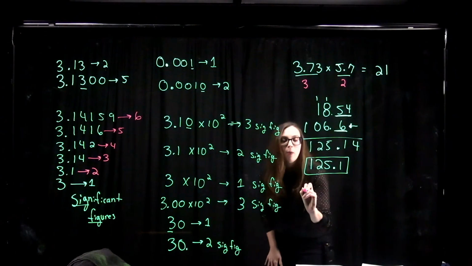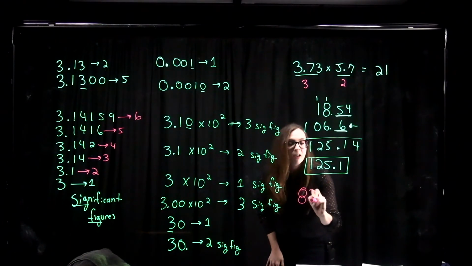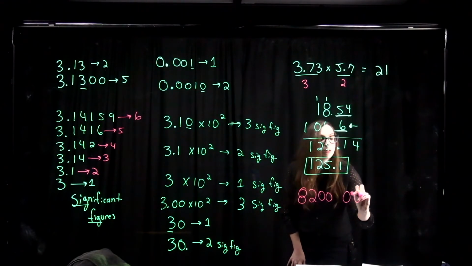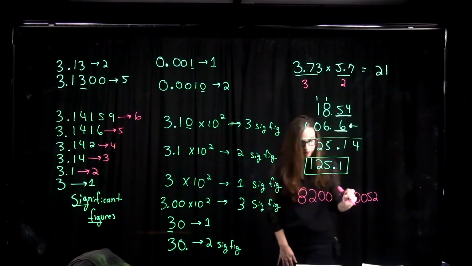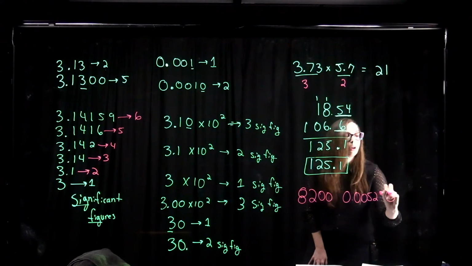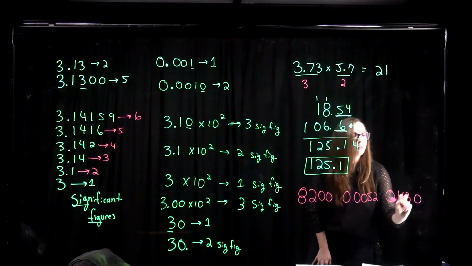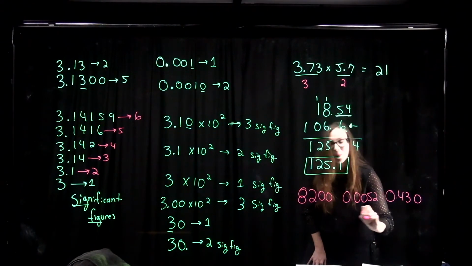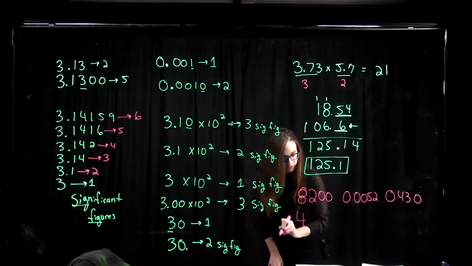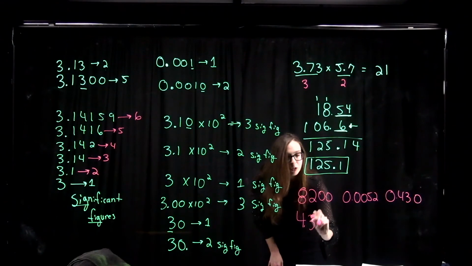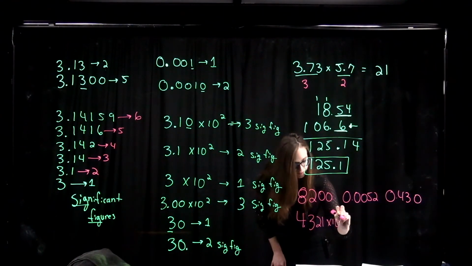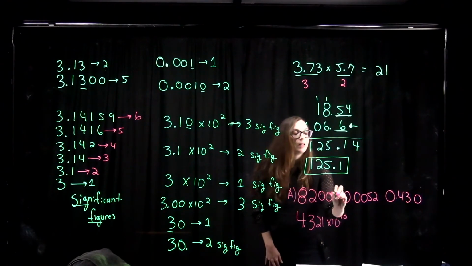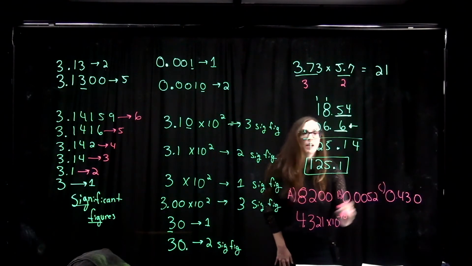So I've got 8,200, I've got 0.0052, I've got 0.430, and then I've got 4.321 times 10 to the minus 10. I'm going to call this first number A, B, C, and then D.